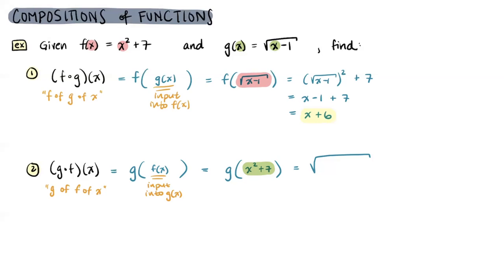There's an x in here, but it doesn't matter. This is the x that's going to be put in here. So it's going to be x squared plus 7, and then minus 1. x squared is x squared, and then plus 7 minus 1 is 6. And so the square root of x squared plus 6 would be the composition in the other direction.